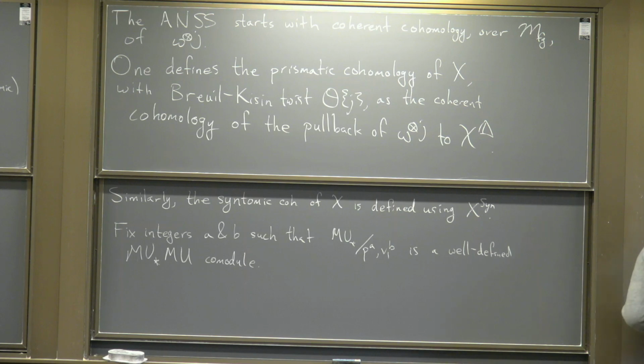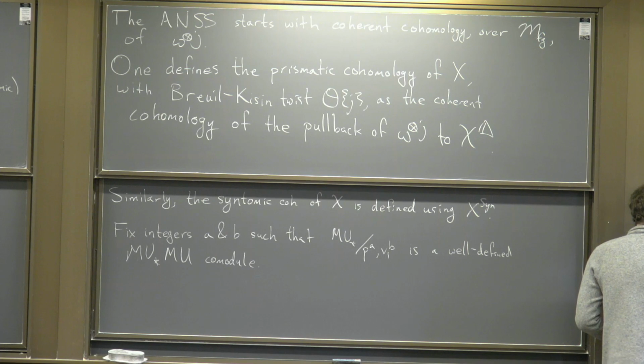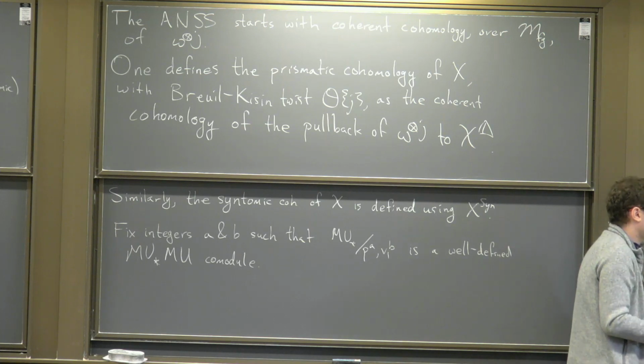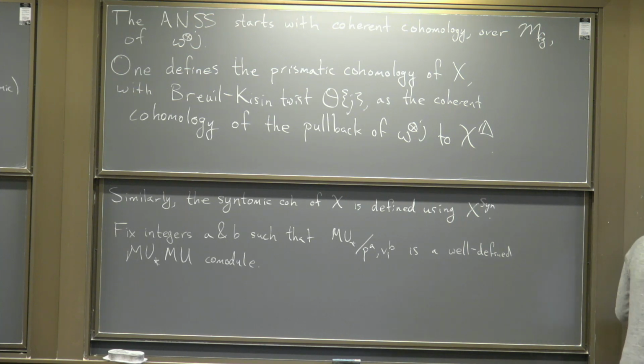And this turns out to be a thing that is useful and that algebraic geometers have discovered, maybe without thinking about homotopy theory. And I'll just remark that from this point of view, it's not entirely clear why I'm only saying I want to mod out by a power of p and a power of v1. You might want to mod out by, say, a power of v2 or something like that. But in fact, X prism and X syn are fundamentally height 1 objects.